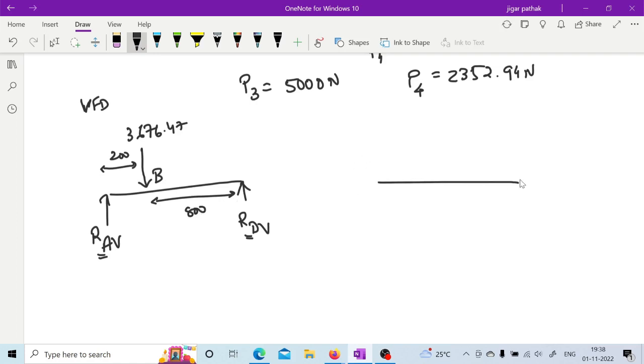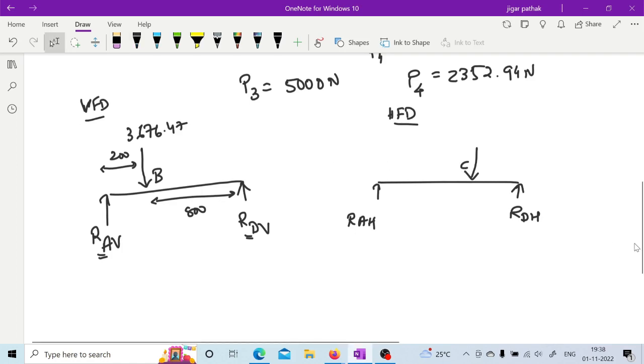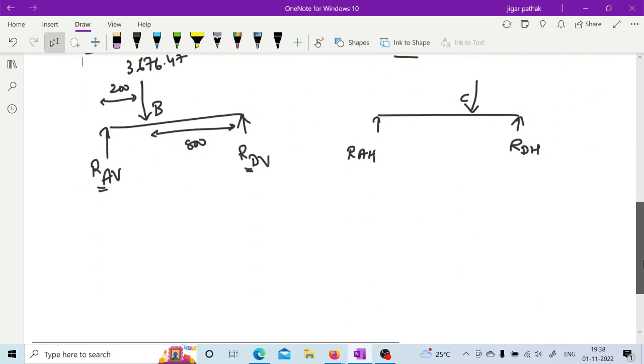Similarly, you have the horizontal force diagram, in which the force acts at point C. So you need to calculate the horizontal reactions RAH and RDH. This is the horizontal force diagram, this is the vertical force diagram. For the horizontal force diagram, the force acting at C is 7352.94.